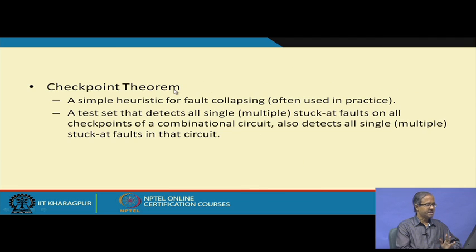So, there is a checkpoint theorem which says that a test set that detects all stuck-at faults on the checkpoints also detects all stuck-at faults in the circuit. So, the motivation is that we can use the checkpoint theorem as a simple heuristic for fault collapsing.